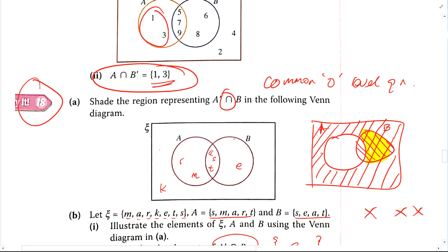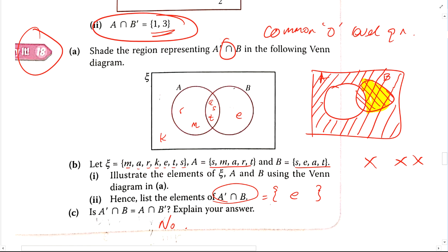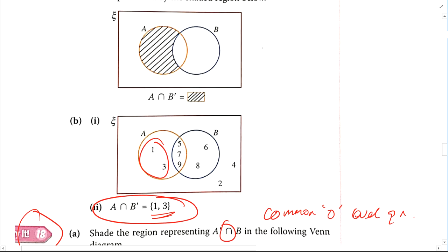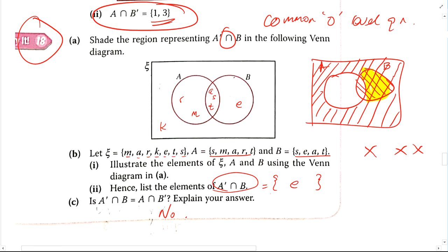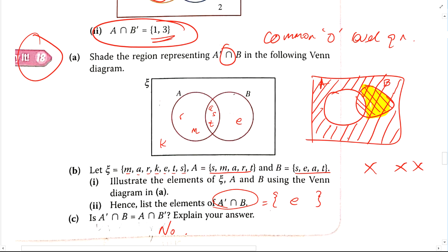We can use two different Venn diagrams to show us. One is A intersect B complement. This is A complement intersect B. So the other one looks like this.